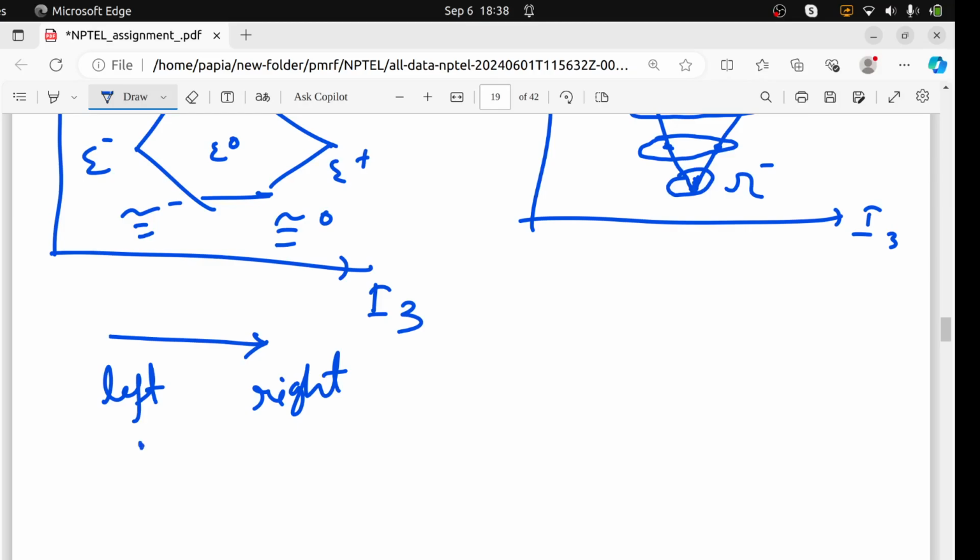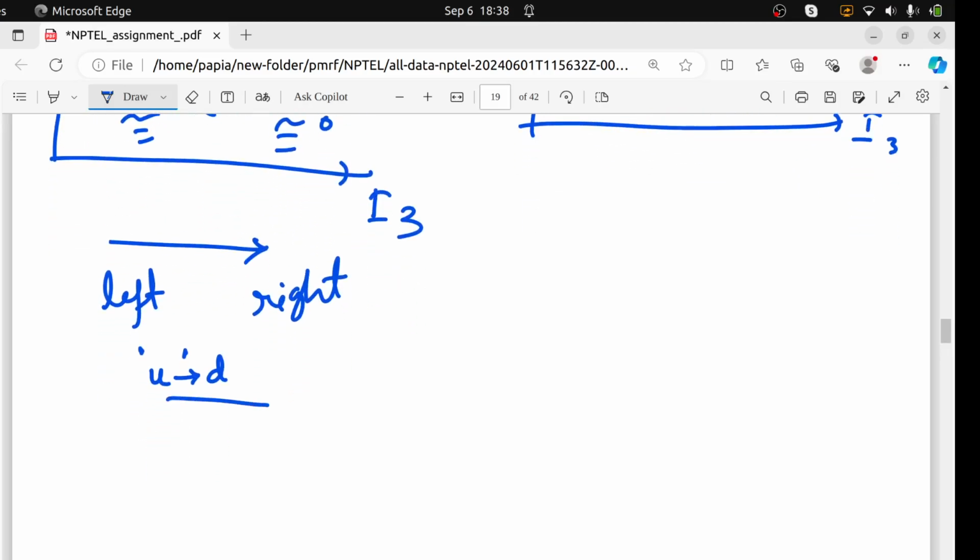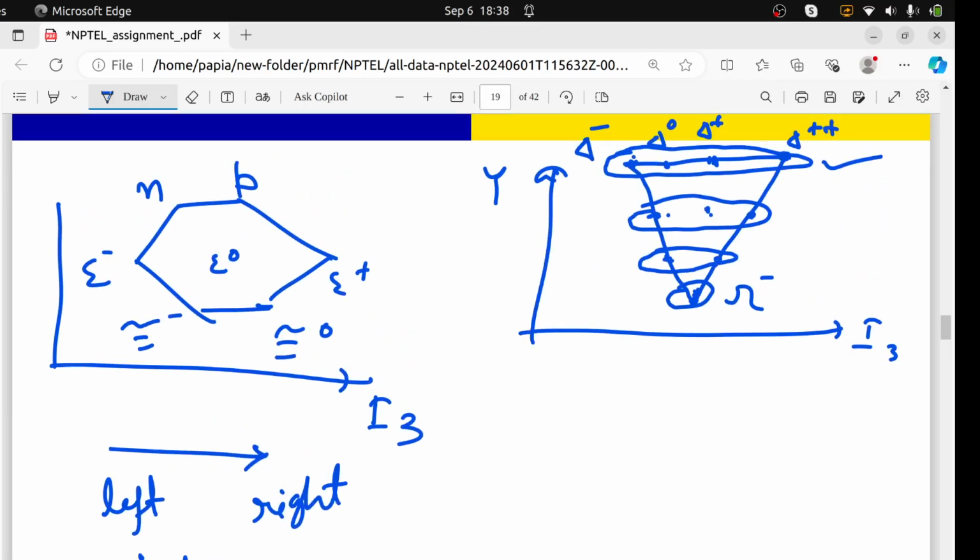From one particle to another, a D will convert to U. If I come from right to left, then U will convert to D. Why am I telling you like that? You can see it from an example also. This is N. N is U, D, D.